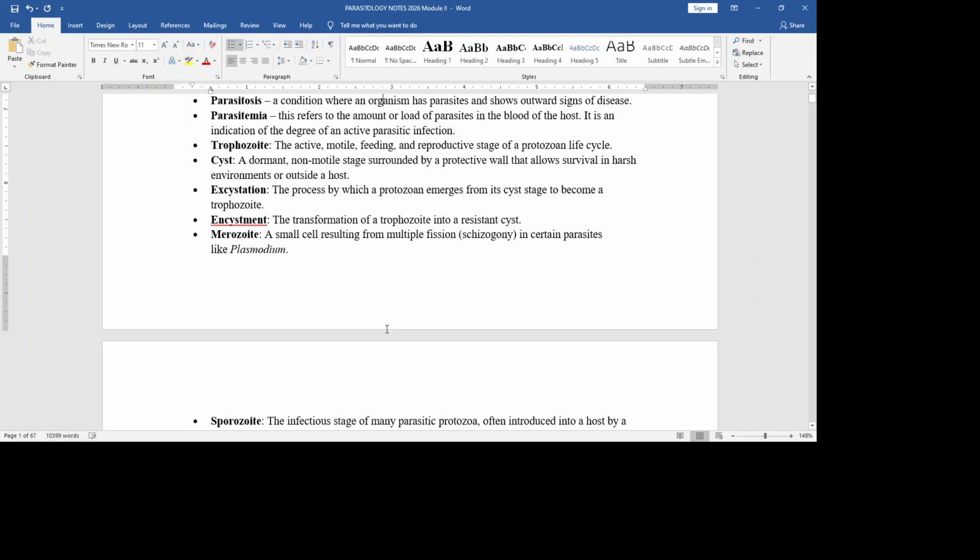So trophozoite, these are the active, motile, feeding and reproductive stages of the protozoan life cycle.